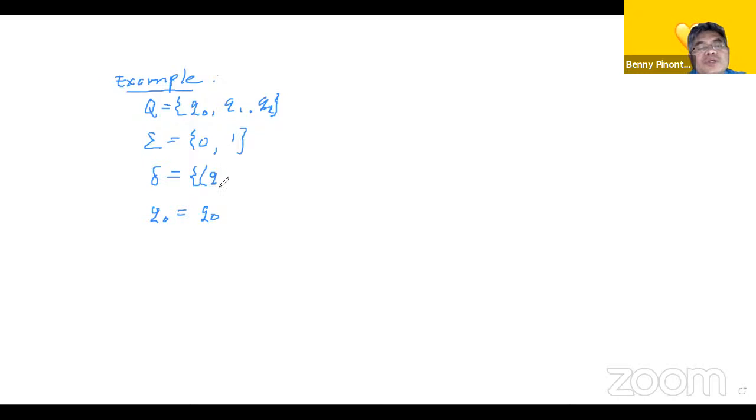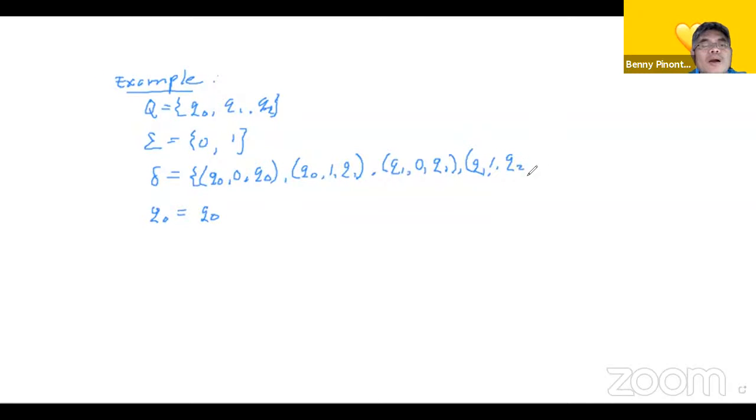So that is, for example, Q0, 0 to Q0; Q0, 1 to Q1; Q1, 0 to Q1; Q1, 1 to Q2; and then Q2, 0, Q2; Q2, 1, Q2.